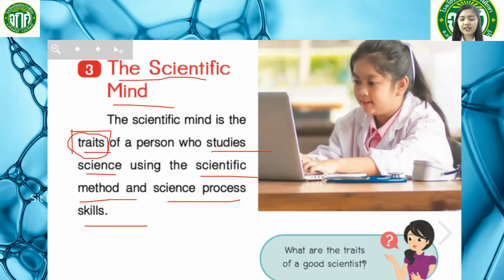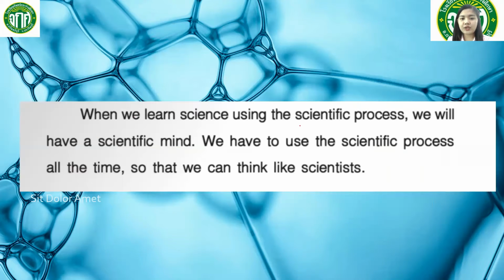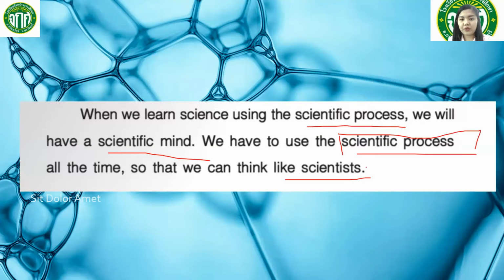So when we learn science using the scientific process, we will have a scientific mind. We have to use the scientific process all the time so that we can think like scientists. Last time our topic was all about the scientific process, right?